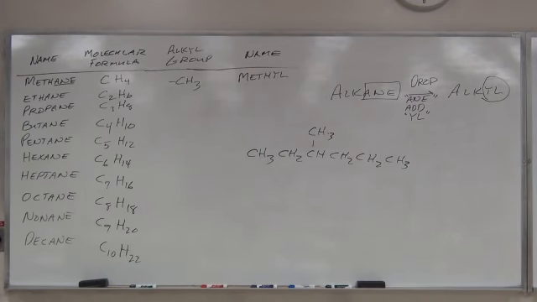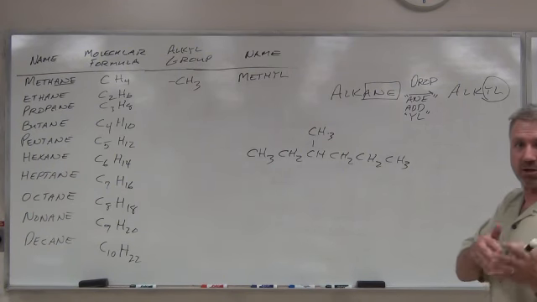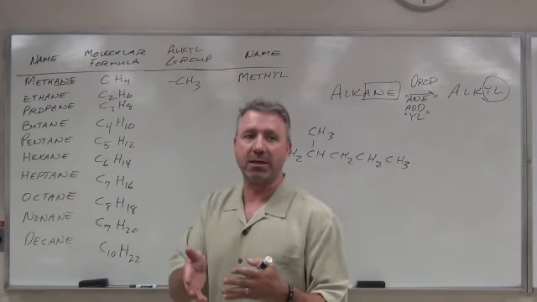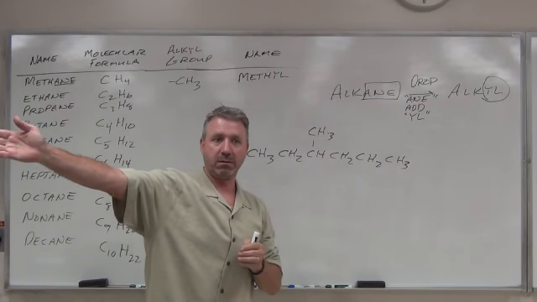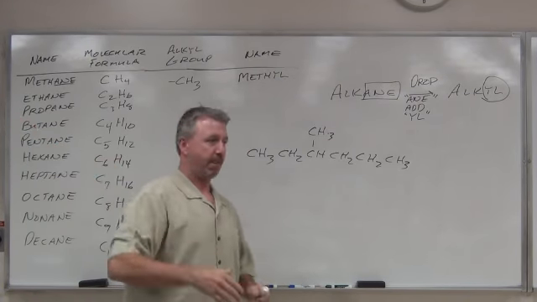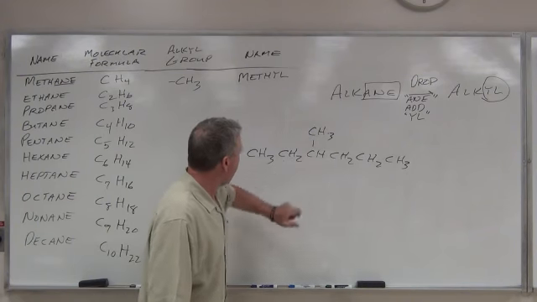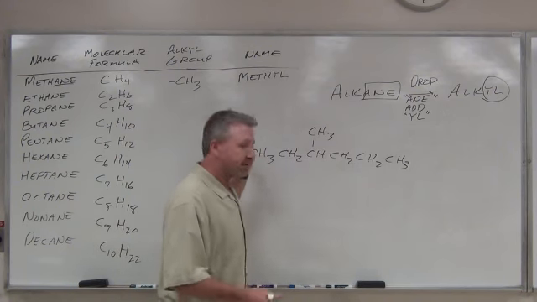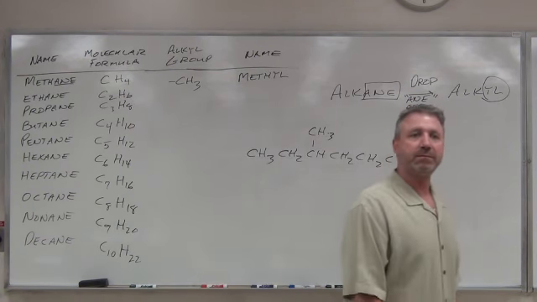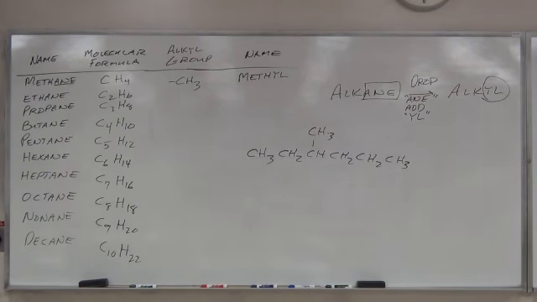Branch points in our carbon chain create issues for us determining the longest continuous chain, because we have to go down both roads. 1, 2, 3, 4. 1, 2, 3, 4, 5, 6. 1, 2, 3, 4, 5. 6 appears to be the biggest one. You've got to look at all of them.